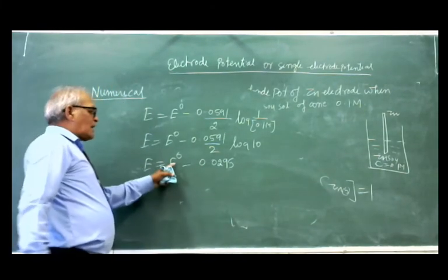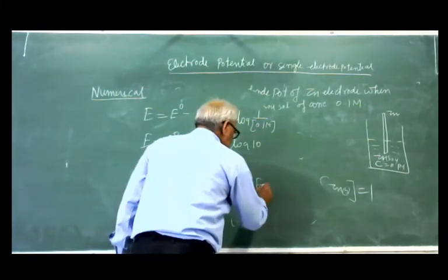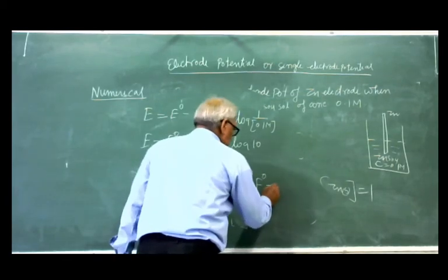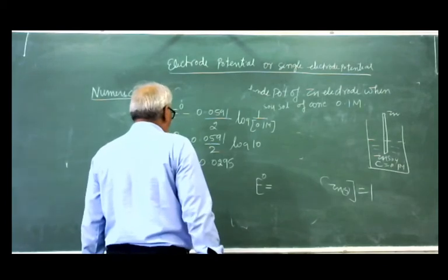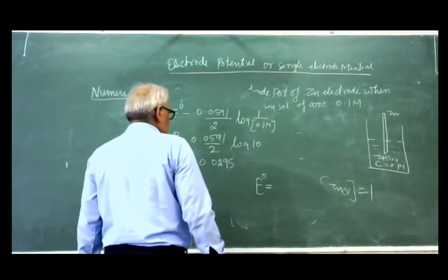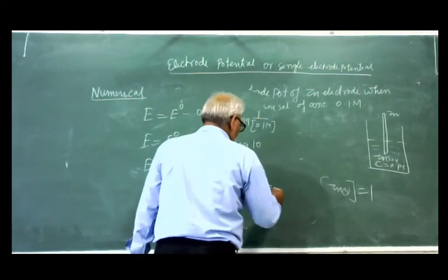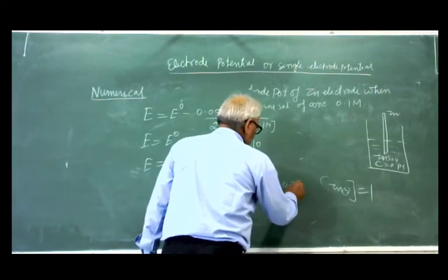But the standard electrode potential of zinc is given as minus 0.76 volt.